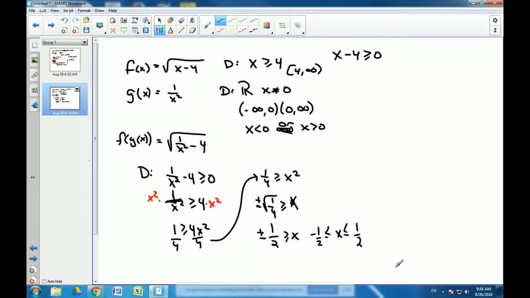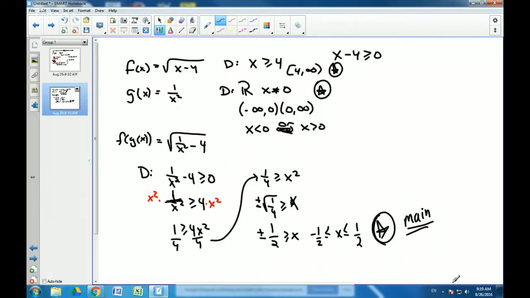So we have 3 domains, or 3 items to consider. This is our main one we want to look at.